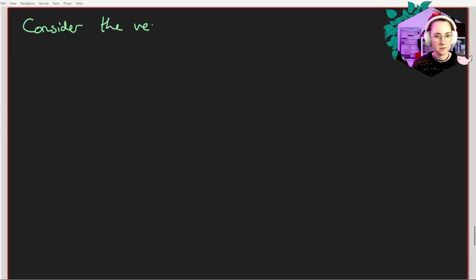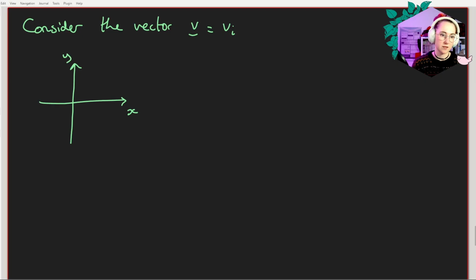Consider the vector v with entries vi. Then we can draw this vector, as I did at the start, as an arrow from the origin to a point in space.